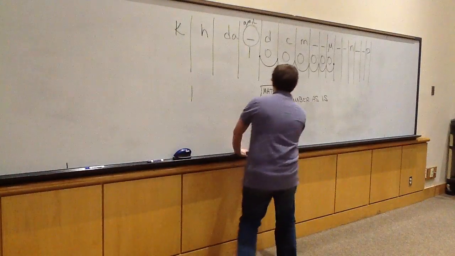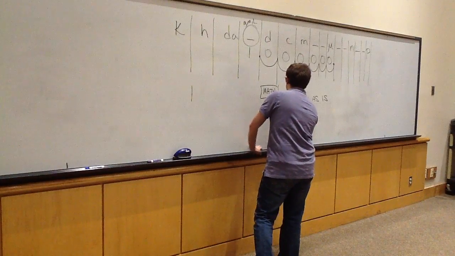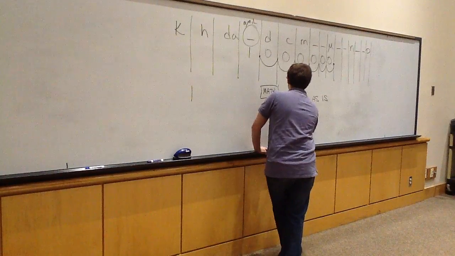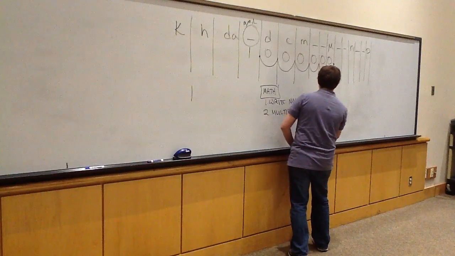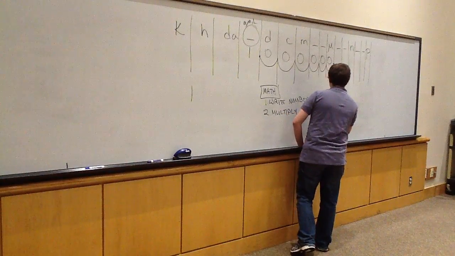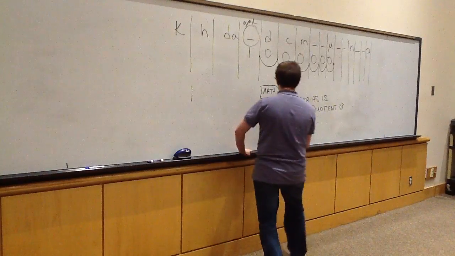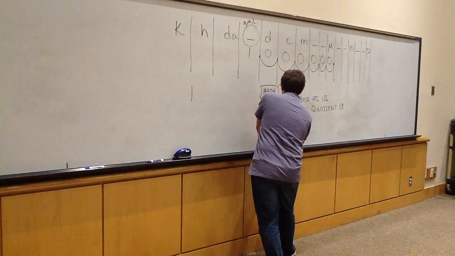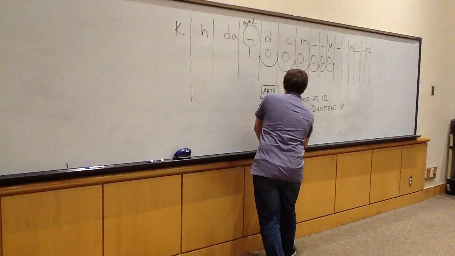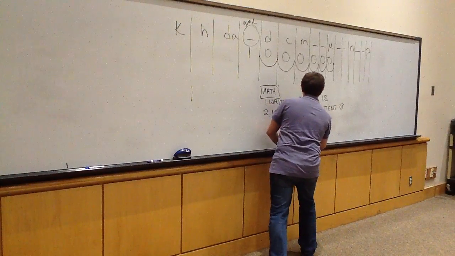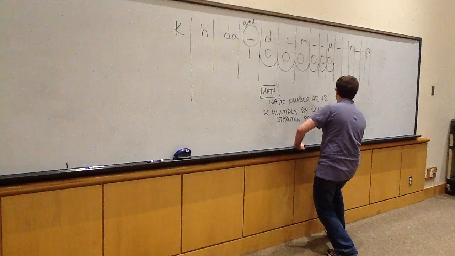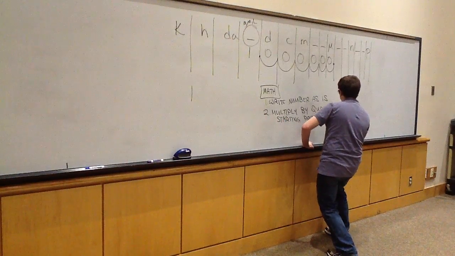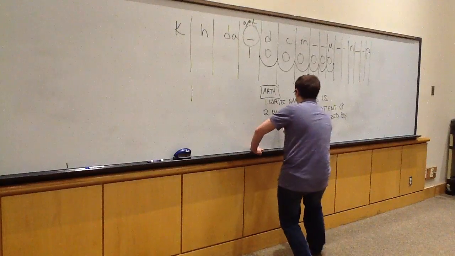And then the second thing you're going to do is you're going to multiply by the quotient of your starting prefix divided by your ending prefix.